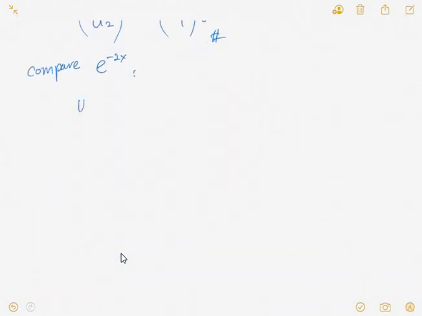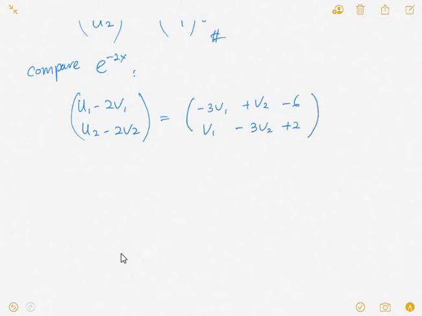So you have u1 minus 2v1, u2 minus 2v2 equal to negative 3v1 plus v2 minus 6, v1 minus 3v2 plus 2.